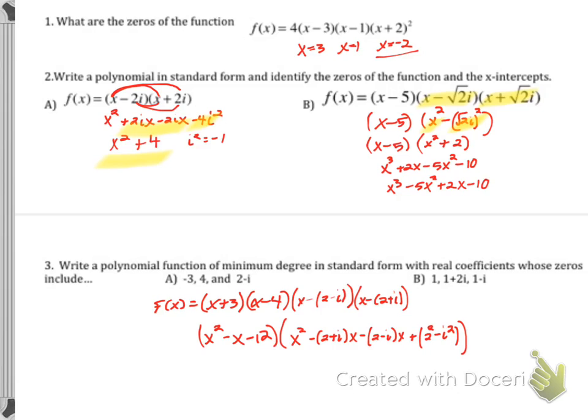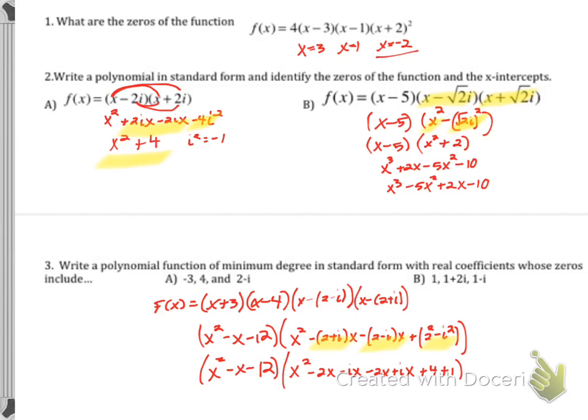I'm going to distribute down here in this little section. These two pieces need to be distributed with that x, and you'll see that in the next step. On the end, I took care of 2 squared is 4 minus i squared, which would be plus 1, so simplifying all that down.